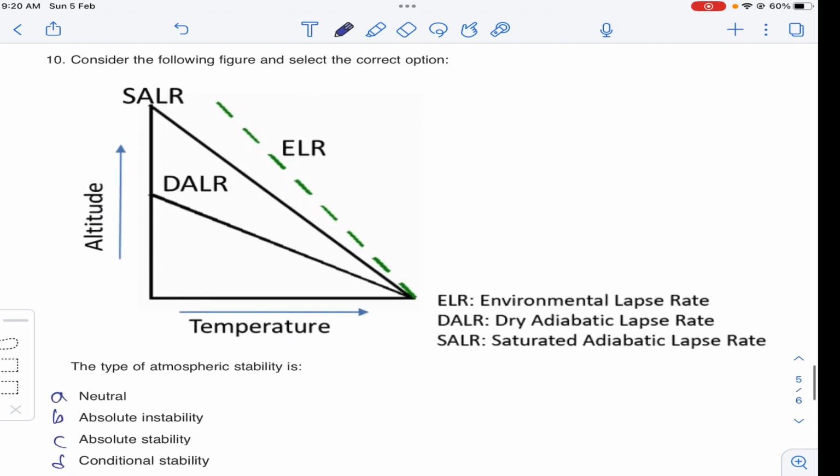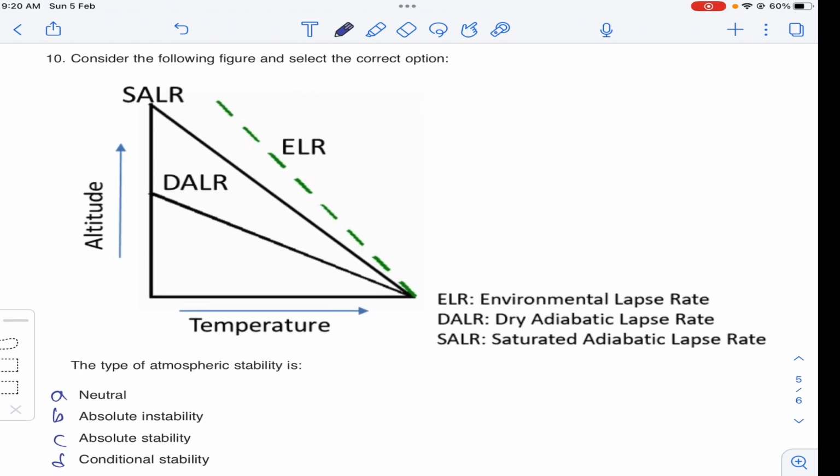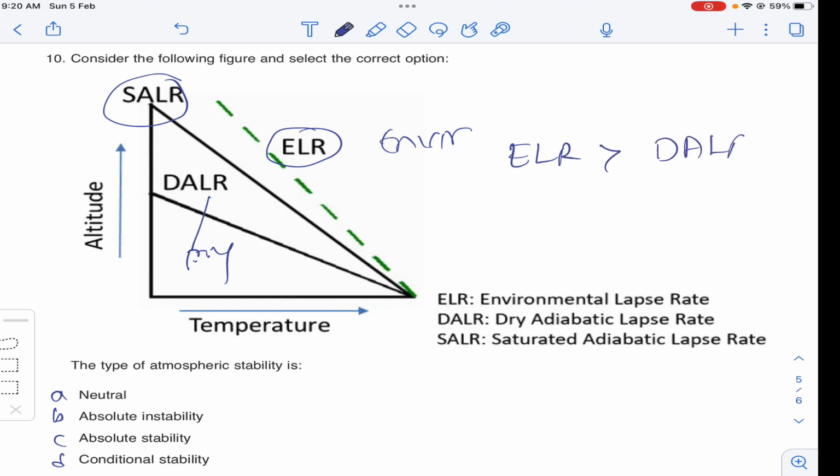Coming to question number 10, he has given a condition, that is, this is environmental lapse rate. This is dry adiabatic lapse rate, and this is saturation adiabatic lapse rate. So here ELR is greater than DALR, and saturation adiabatic lapse rate is fixed.